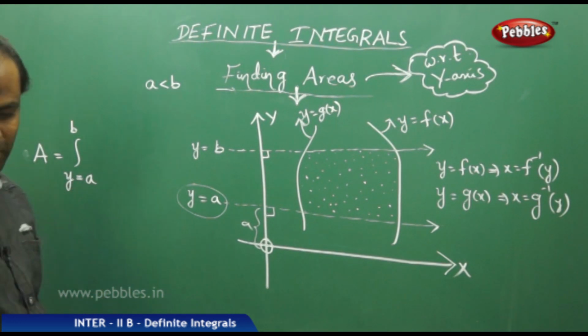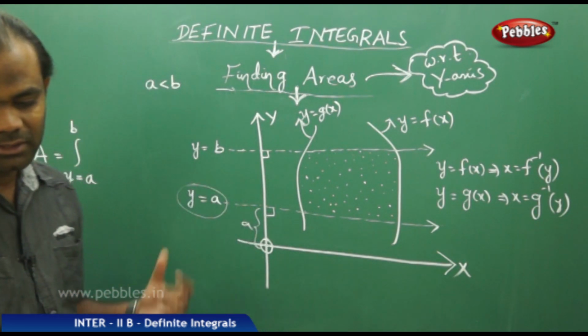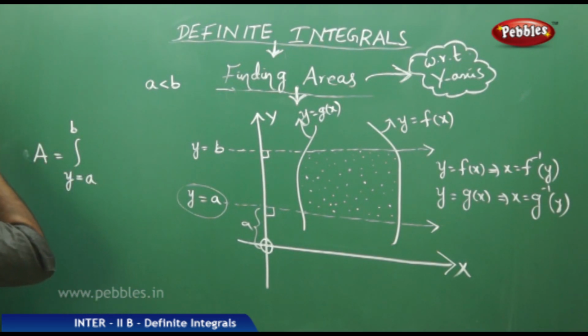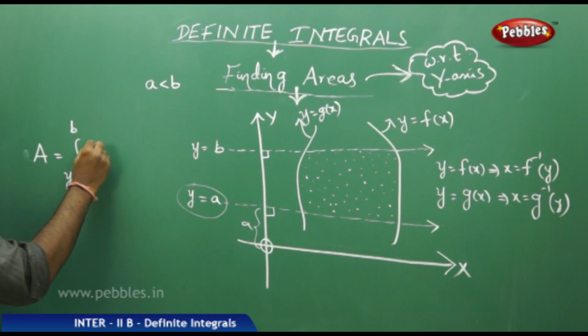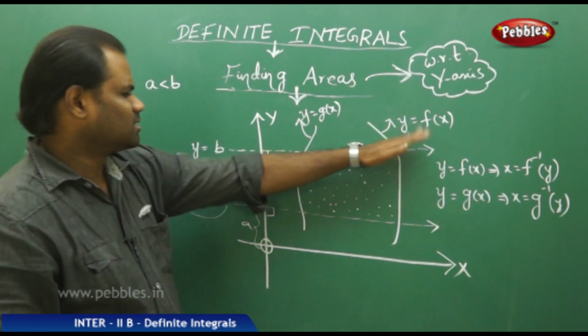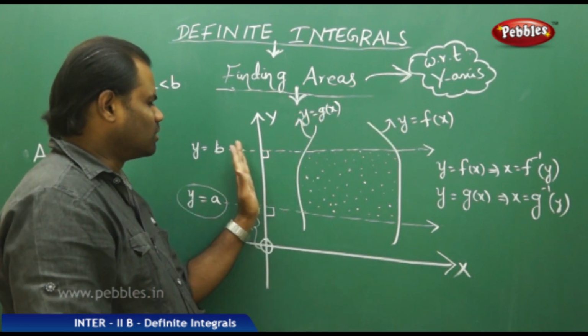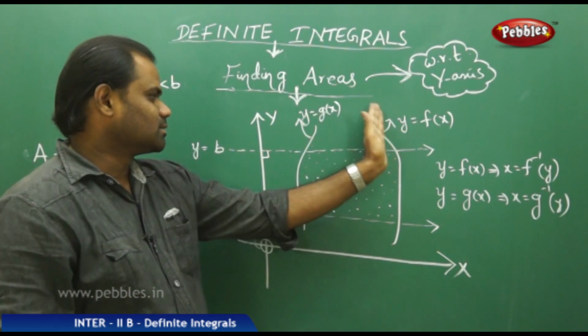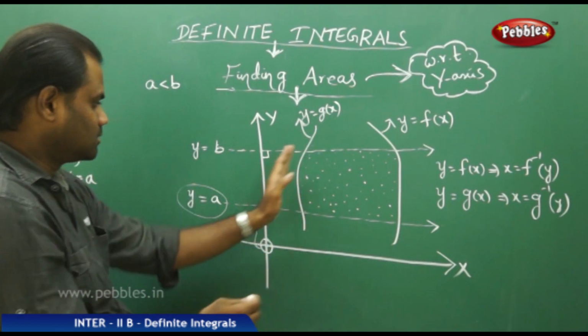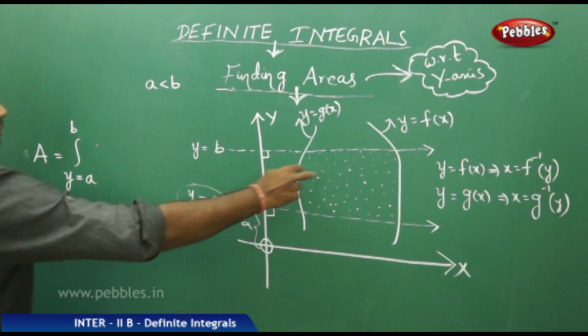Okay, so in this case we find the areas using the upper curve. The upper curve in this case is this and the lower curve is this, because when you see with respect to y-axis, this acts as the upper curve and this acts as the lower curve, nearer and further.